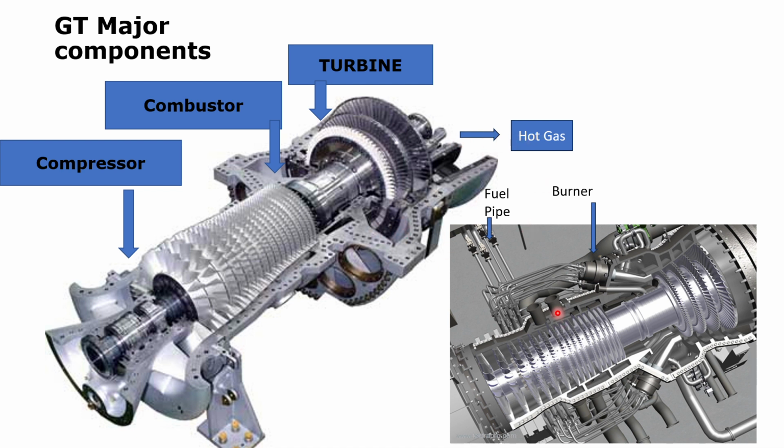If we see the figure on the right hand side, this is the compressor portion, this is the combustion portion, these are the fuel pipes through which the fuel is put, and this is the burner where the fuel is ignited, which expands, and this section is the turbine section from where it is expanding and rotating the turbine.